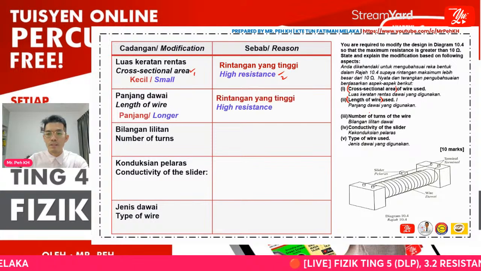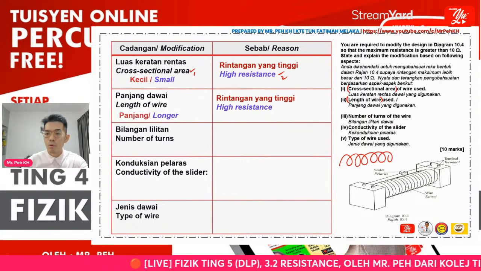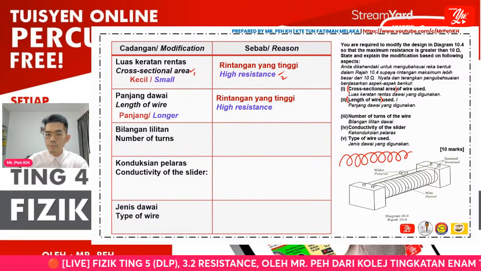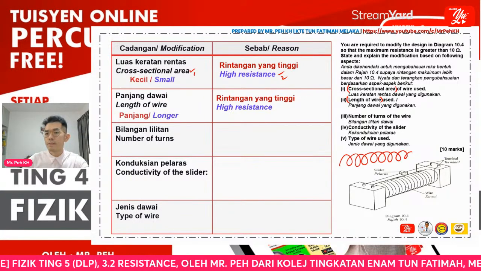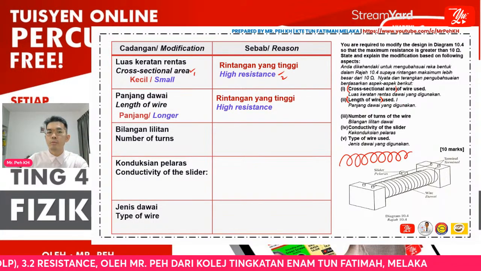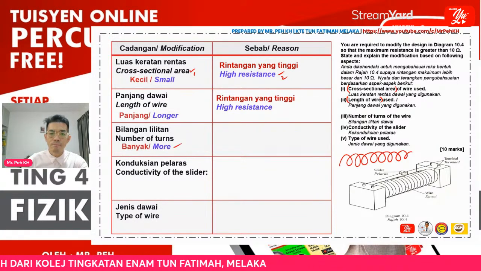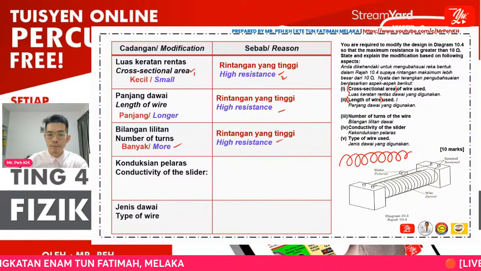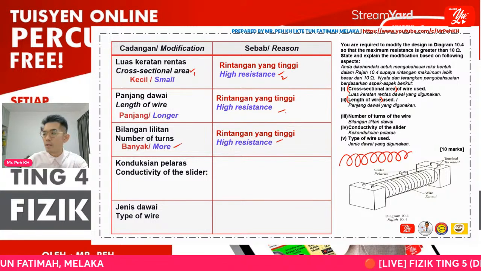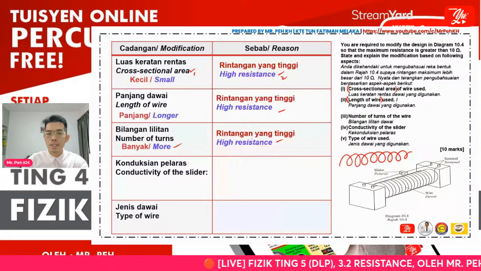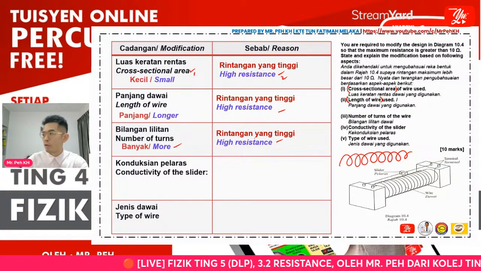It is very easy for this question. And then the number of turns, as I described, must be more so that the wire will be longer, then the resistance will be higher. You cannot just write one reason, because one reason is 1 mark. Here we have three same reasons, so you have to write it 3 times.